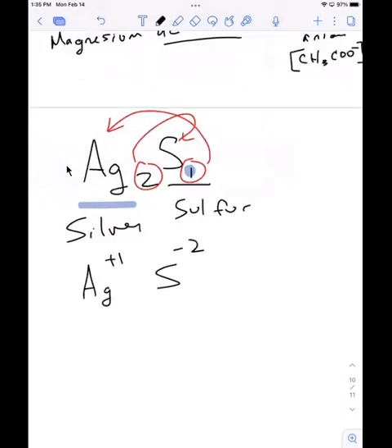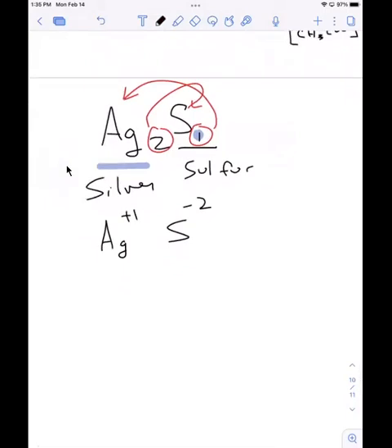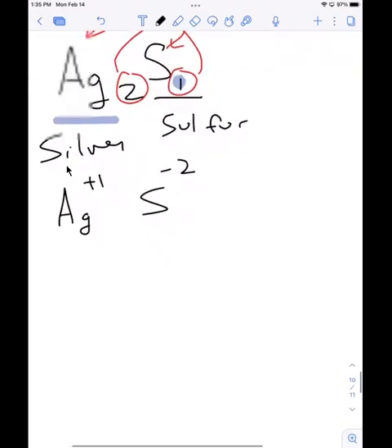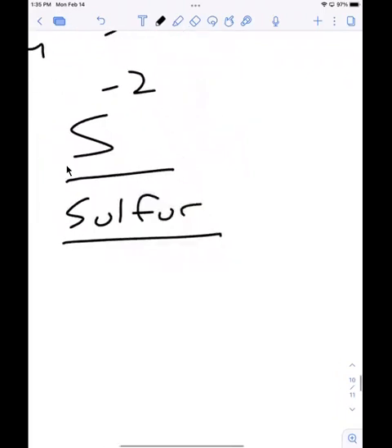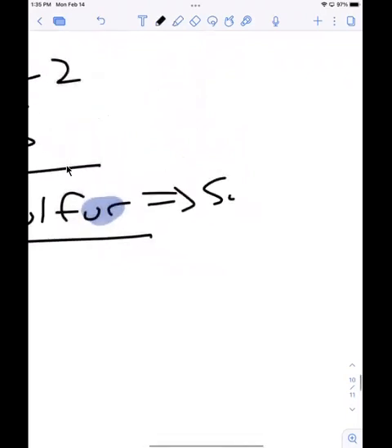All right. So now we have the silver as the cation and the sulfur as the anion, which gives us another piece of information for naming, right? When you have sulfur by itself, it's sulfur. But if it's the anion in a compound, then we have to change the suffix. We're going to drop this ending and make this sulfide, IDE.